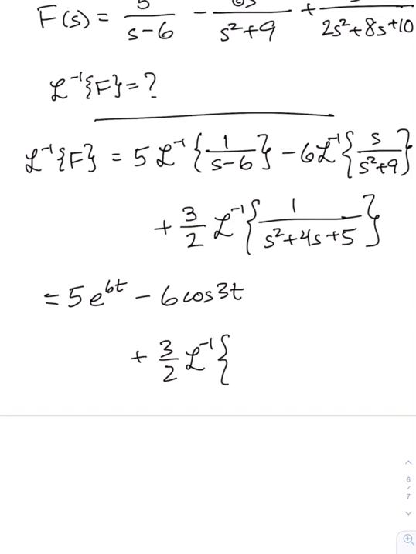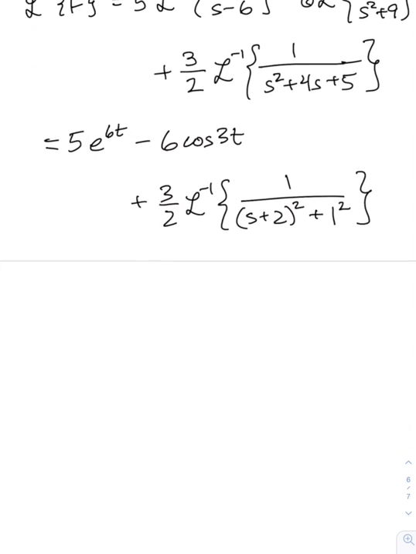So if I complete the square there, let's see, I got a 1 here. Completing the square will give me an s plus 2 squared. So that's s squared plus 4s plus 4, and I need an additional 1. And of course 1 I can think of as 1 squared, and now that one I can read off of the table.